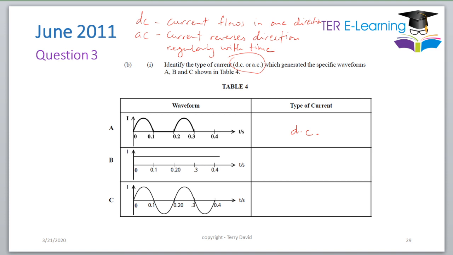Right, so I see Teresa and Kendall saying DC. Emily is also saying DC. That is correct. So this here is a direct current, right? And the last one, what is the last one?